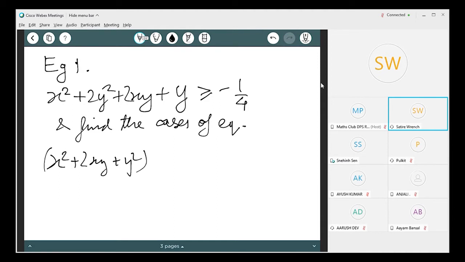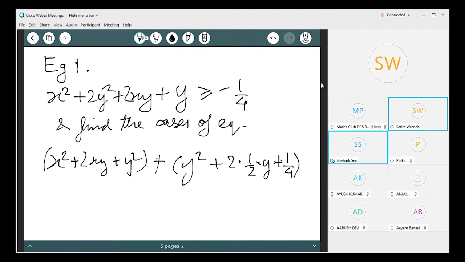Then the next is y square plus half, plus 2 into half into y, and then add 1 by 4 to both sides. So on the left side, if we add 1 by 4 to both sides, we must subtract 1, and that's greater than or equal to minus 1 by 4.